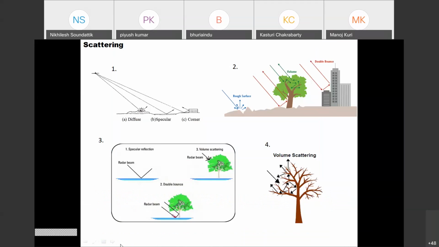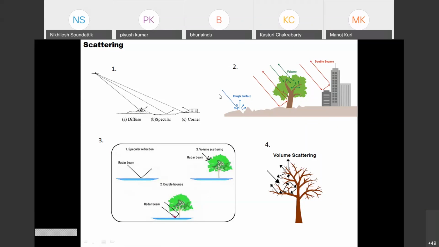Moving next is the scattering. As I am saying, various types of scattering occur within the forest. Generally within a land use category, we have scattering components like diffuse scattering, where depending on the surface roughness, the signal is diffused. There is specular, where the signal is reflected away from the incident radiation.